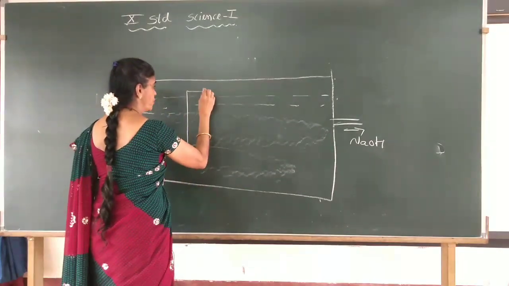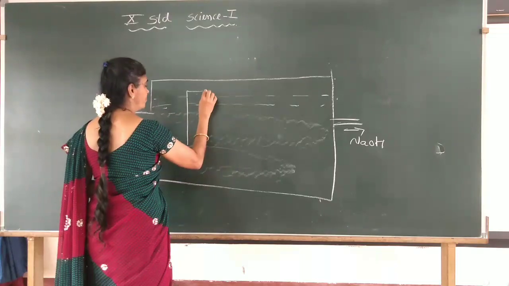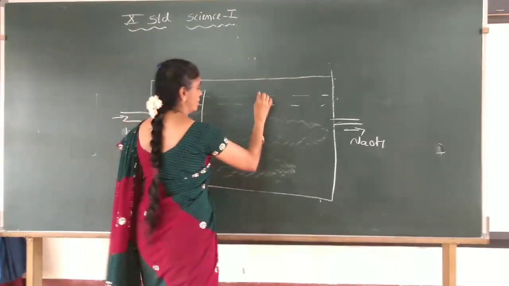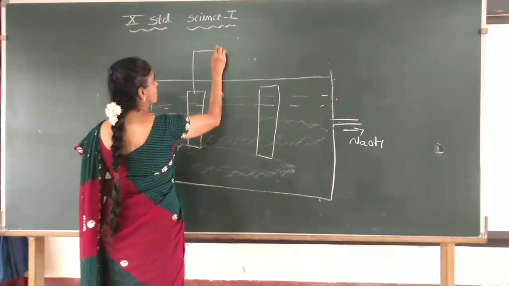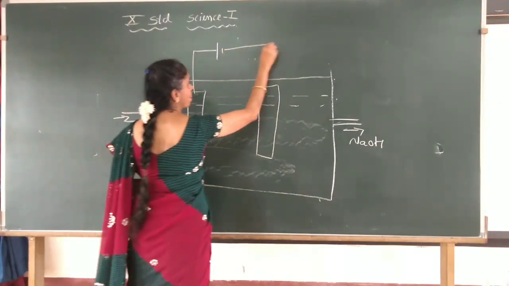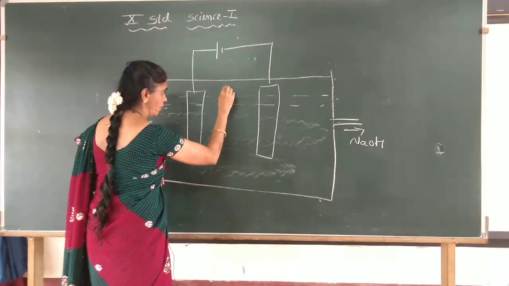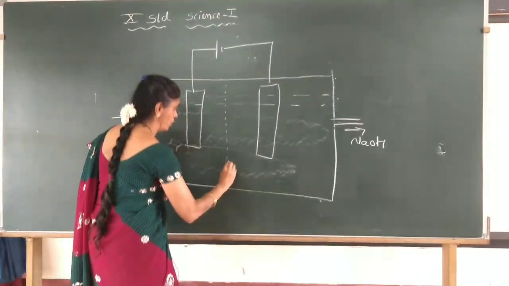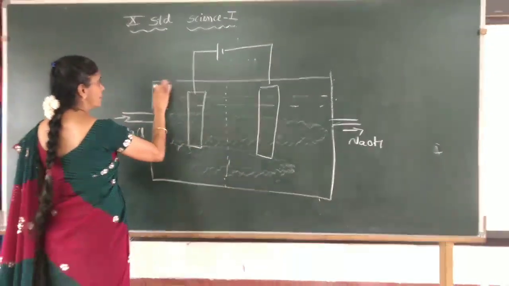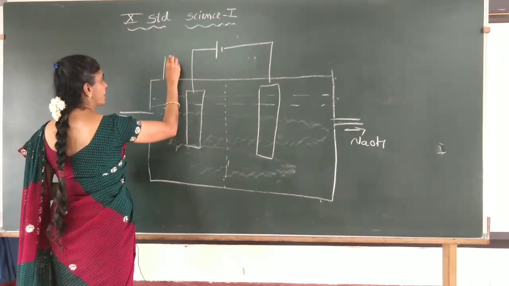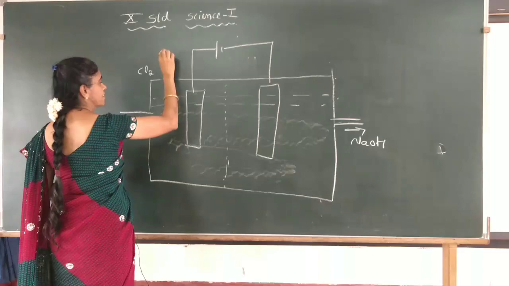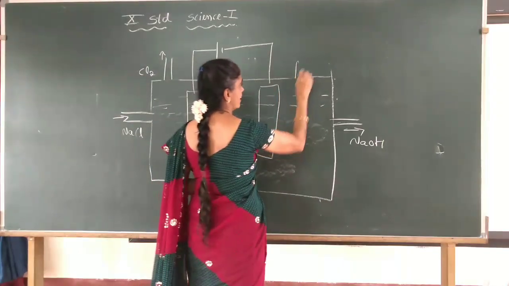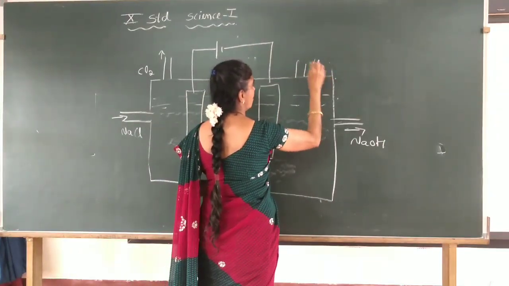Here they will use two electrodes, cathode and anode, and in between they will use an impermeable membrane. Because gas is liberated here, there will be openings for gases, and at the cathode hydrogen gas is given out.